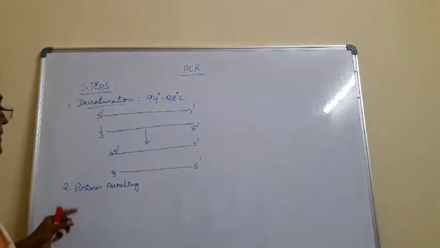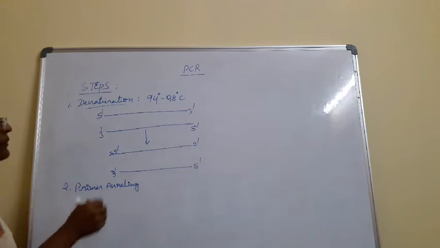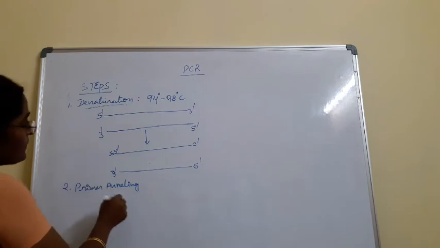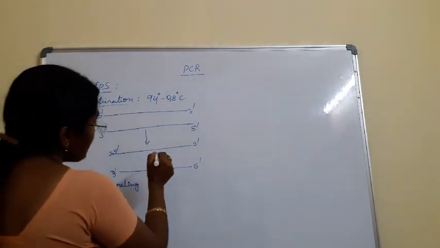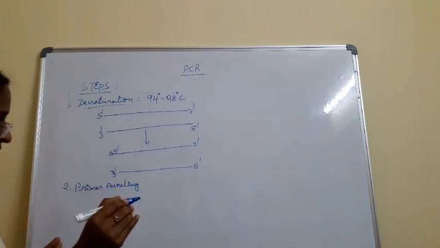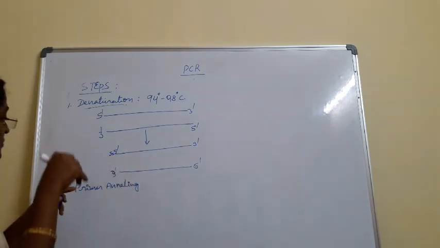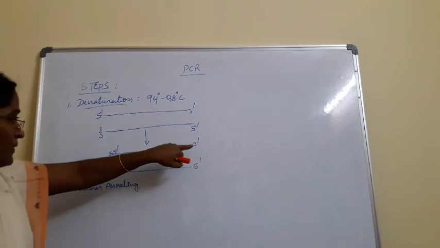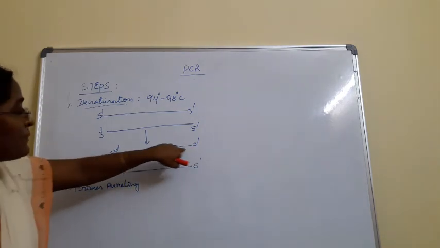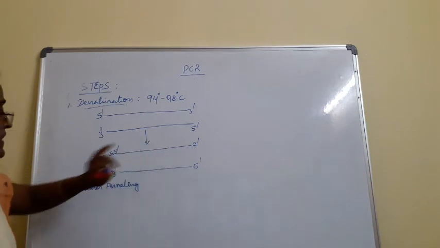The two primers bind to these two strands. Each primer binds at the border of the target DNA sequence, complementary to the template DNA strand.